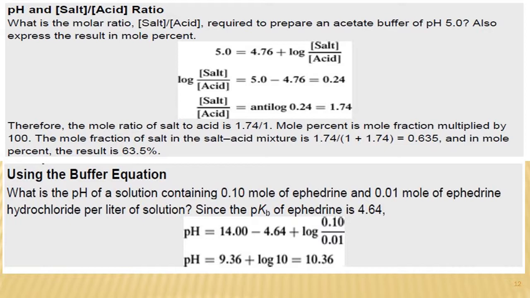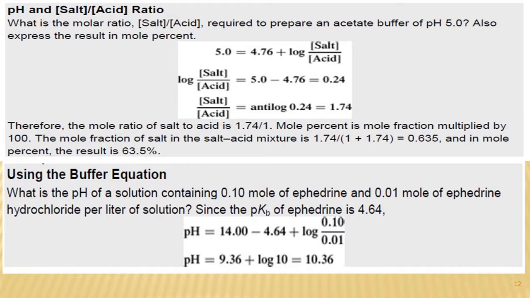Mole percent is mole fraction multiplied by 100. That means we will multiply the result by 100 to get the mole fraction. The mole fraction of salt in the salt acid mixture is equal to 0.635, and in mole percent the result will be 63.5%.